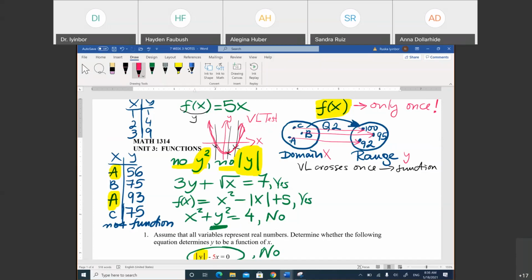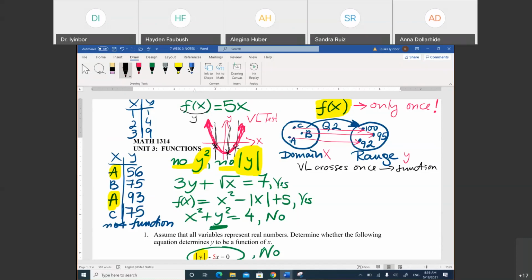So this one, the one I have over here, this is the graph actually. Is it a function or not a function? What do you think? It's crossing 3 times, so therefore it's not. No. Each vertical line crosses once. So the first line, this one, how many times? Once. The next line, how many times? Once. Okay?